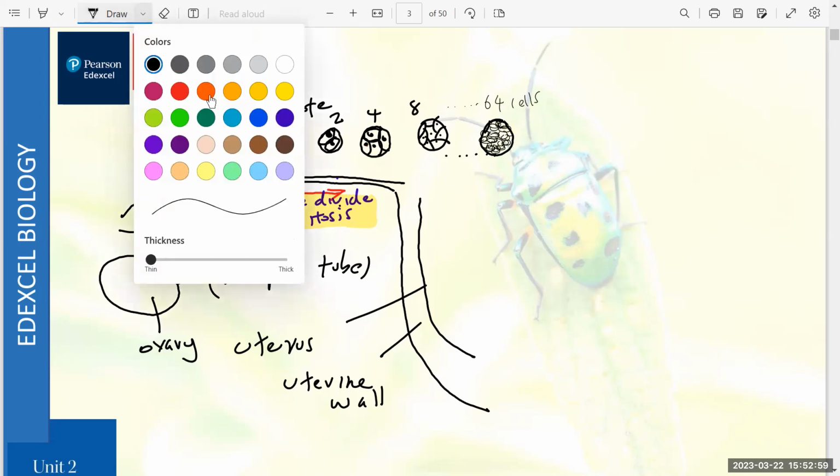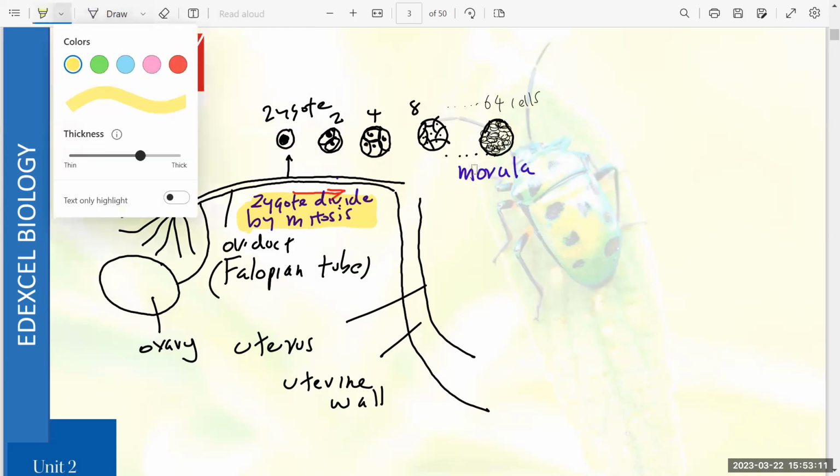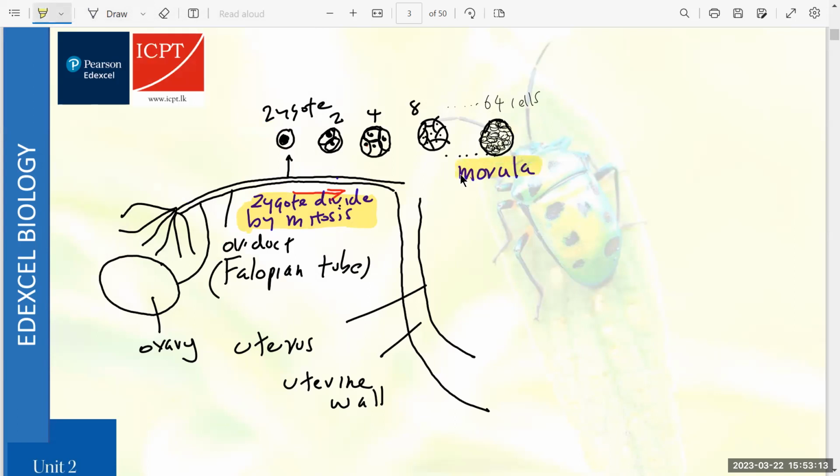Okay, now this structure is called a morula. It is called a morula. Right? Now we can keep on going.